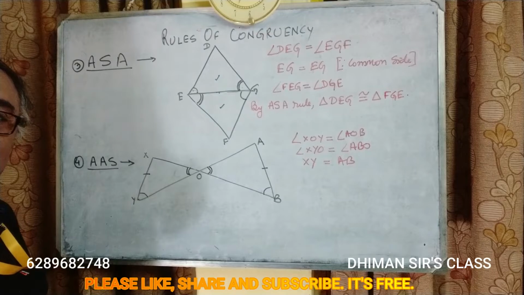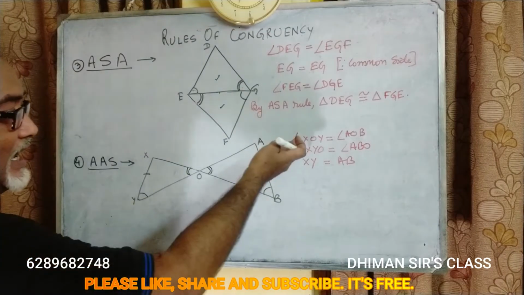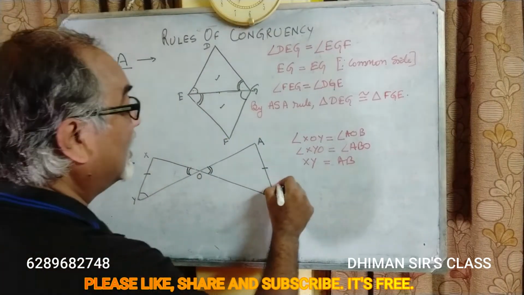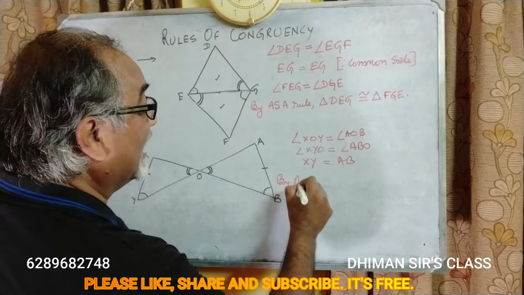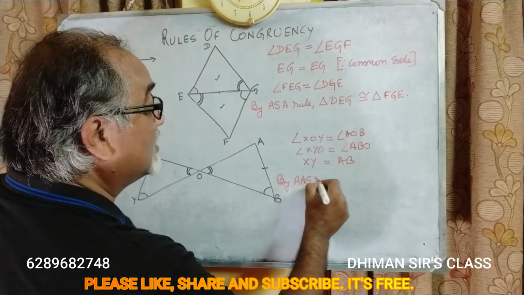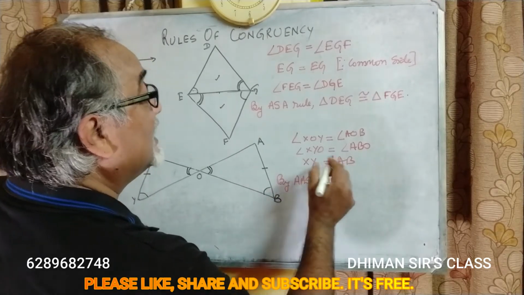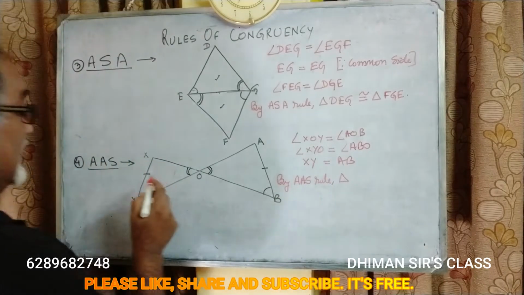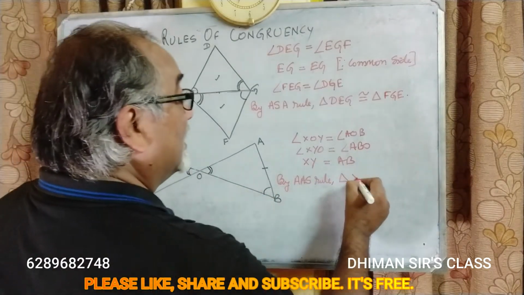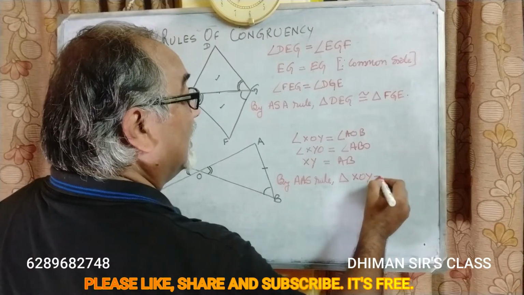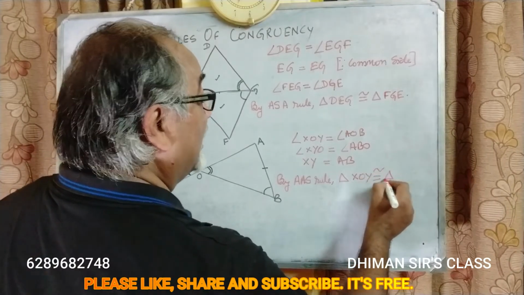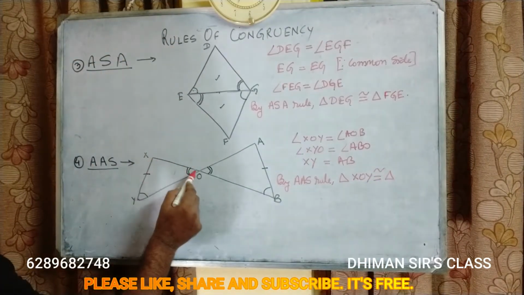So students, now by angle side rule, triangle XOY is congruent to triangle AOB.